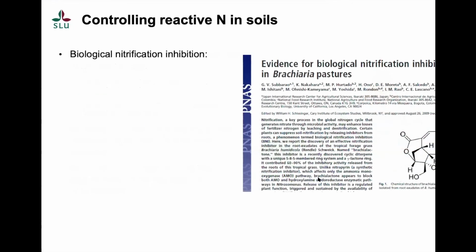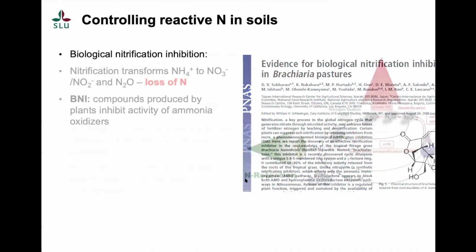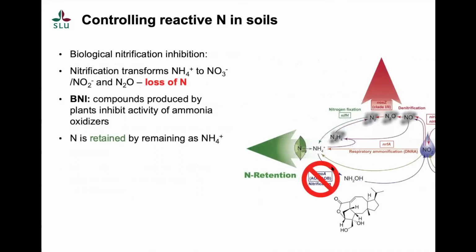We might be able to do that if we find plants that produce specific compounds that actually inhibit the activity of these organisms. Therefore, the nitrogen stays as ammonia, it can be utilized by the plants, and it also stays in the soil system. So rather than being leached out or denitrified into N2O, it gets retained in the biomass.